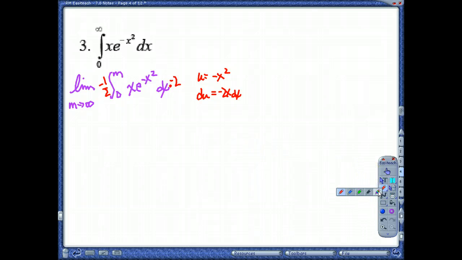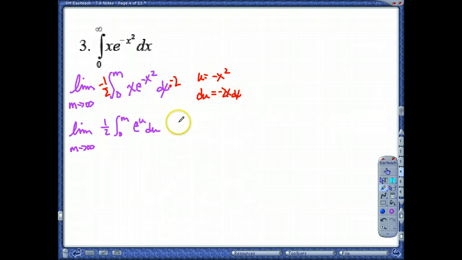Now, the difference is we are not going to change these limits here. We are going to leave those as they are, which means when I integrate this, I'm going to have to switch back to the x's before I plug in the m and the 0. This becomes e to the u du.